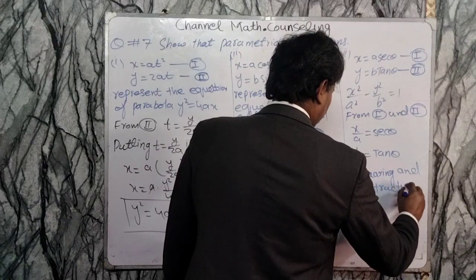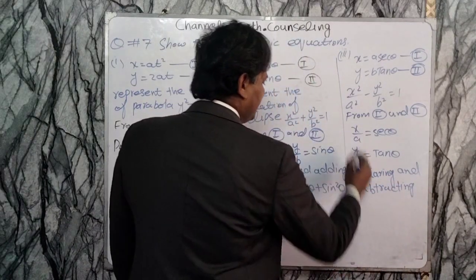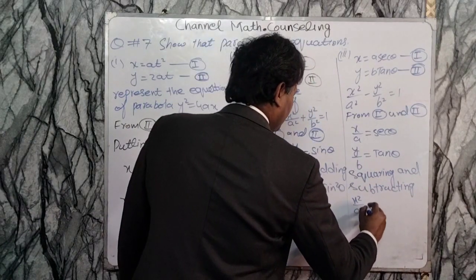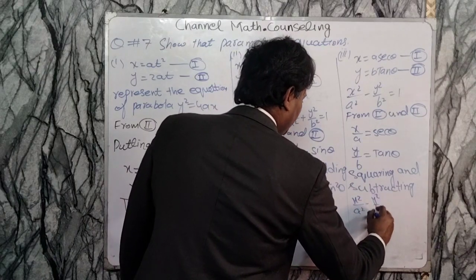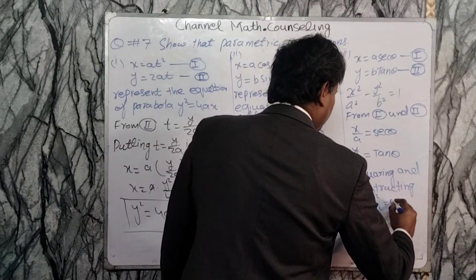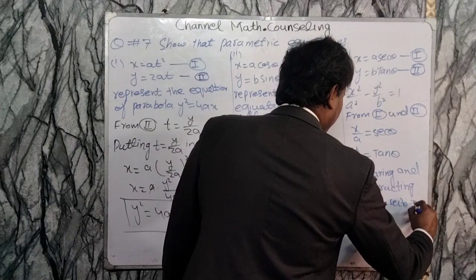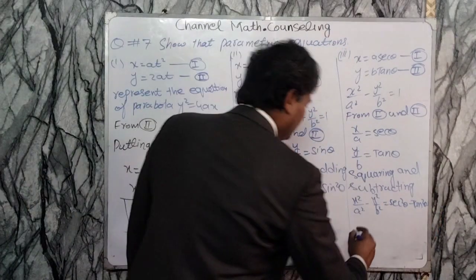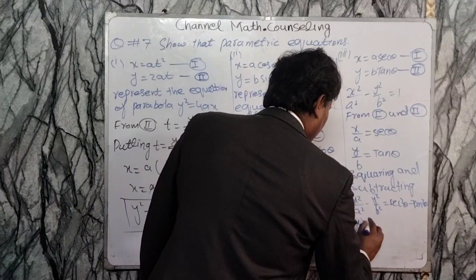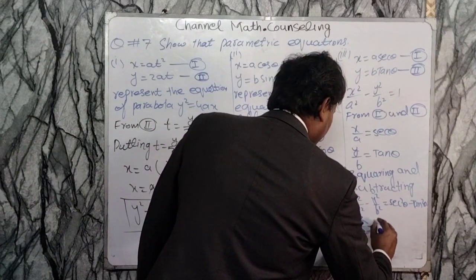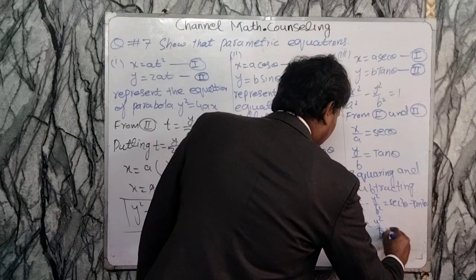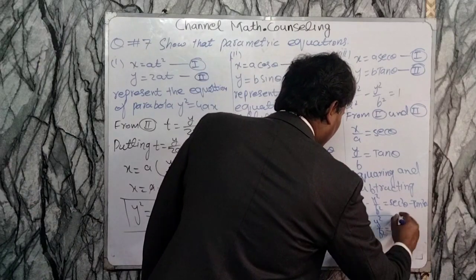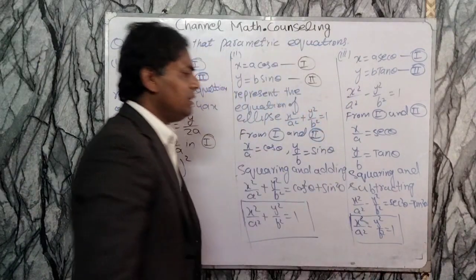It will be x square over a square minus y square over b square equals secant square theta minus tan square theta. So secant square minus tan square equals 1. It becomes x square over a square minus y square over b square equals 1. Now this is our required condition that we have proved.